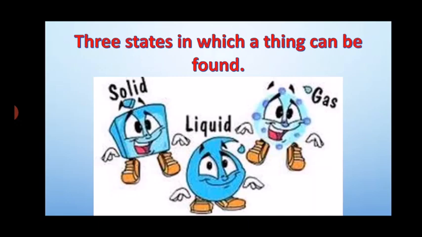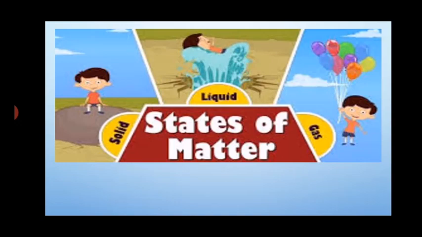So look, what are the three states of matter? Solid, liquid and gas. For gas, we also call it vapor of water. When we talk about the gaseous state of water, we say vapor.